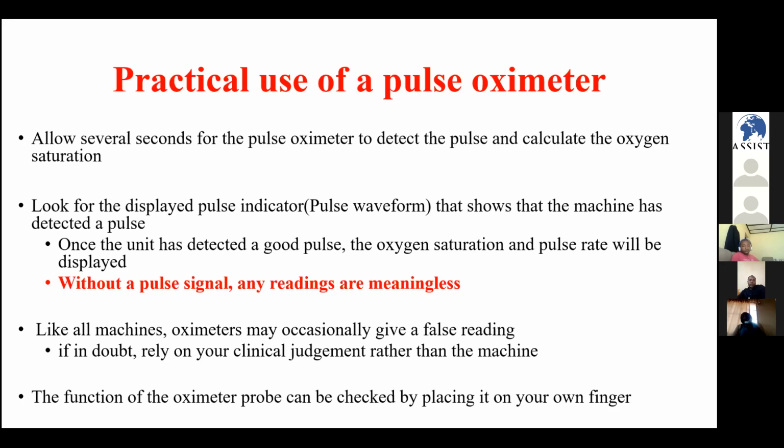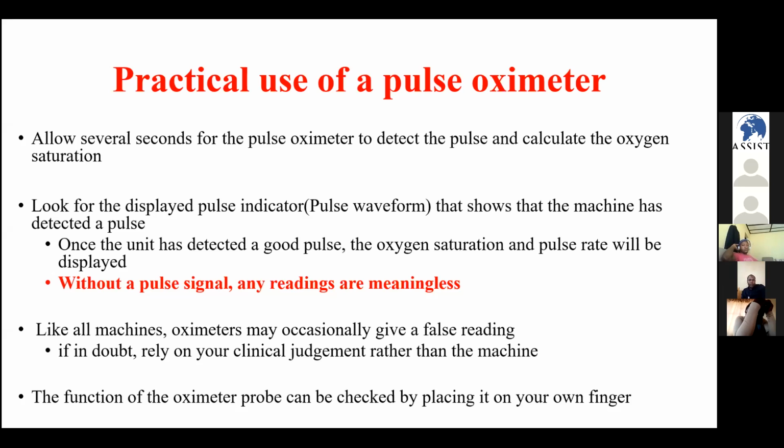Then you have to look on your monitor at the pulse indicator, which is the pulse wave, and see the numbers. And whenever there is no pulse detected, the readings are not accurate.